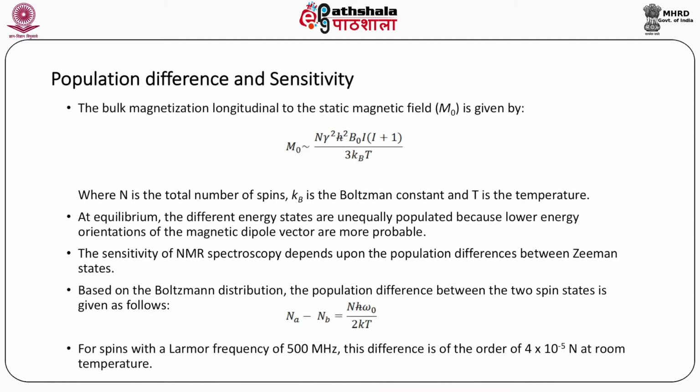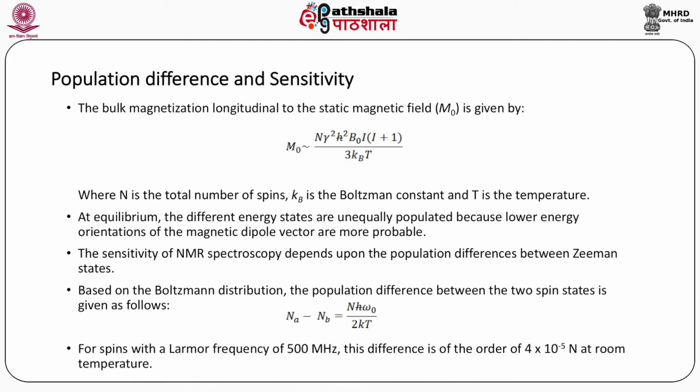Population difference and sensitivity. The bulk magnetization longitudinal to the static magnetic field, M0, is given by M0 equal to N gamma squared h cross squared B0 I (I plus 1) divided by 3 kB T, where N is the total number of spins, which actually means sample concentration, kB is the Boltzmann constant, and T is the temperature.